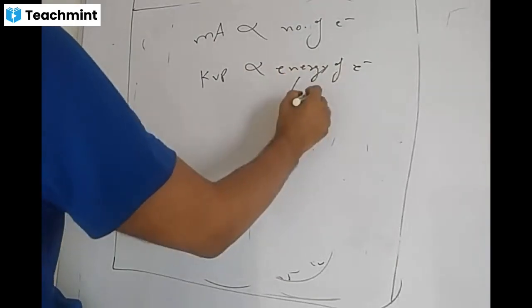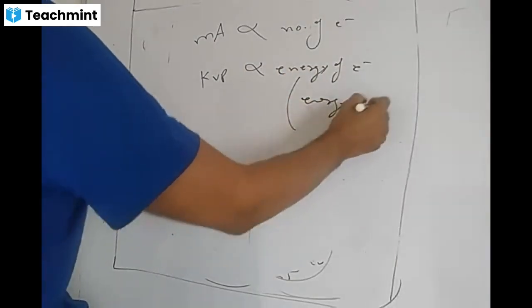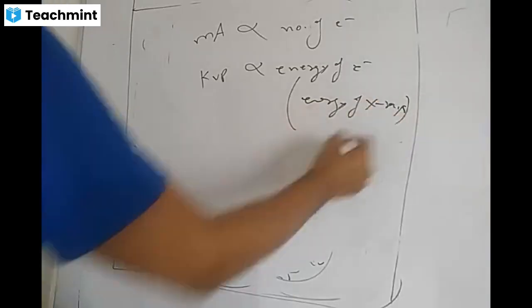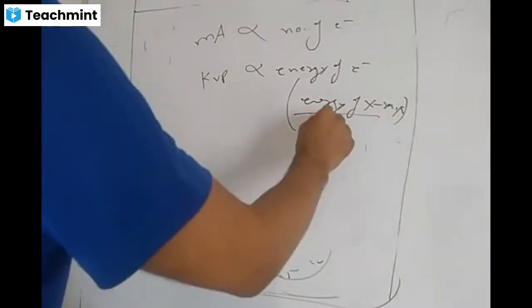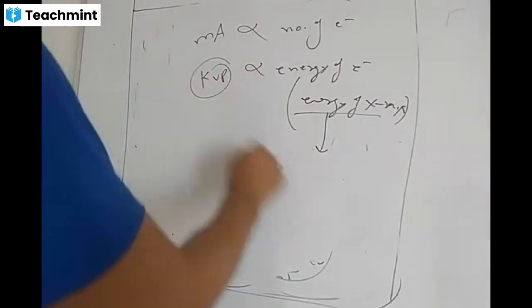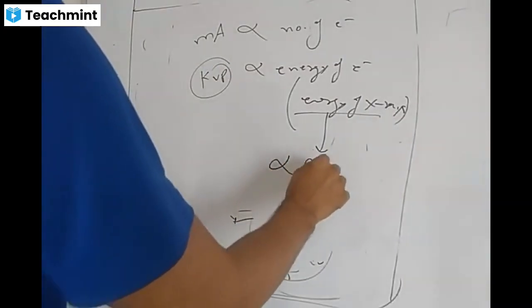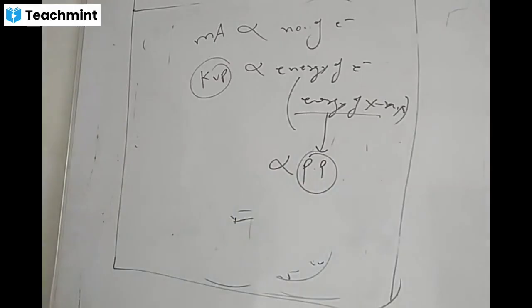That is nothing but the energy of X-rays. More energy means more penetration power. So kVp is directly proportional to PP, penetration power.